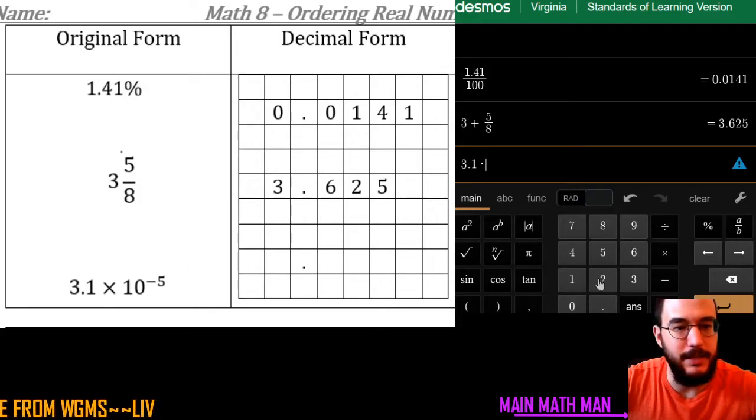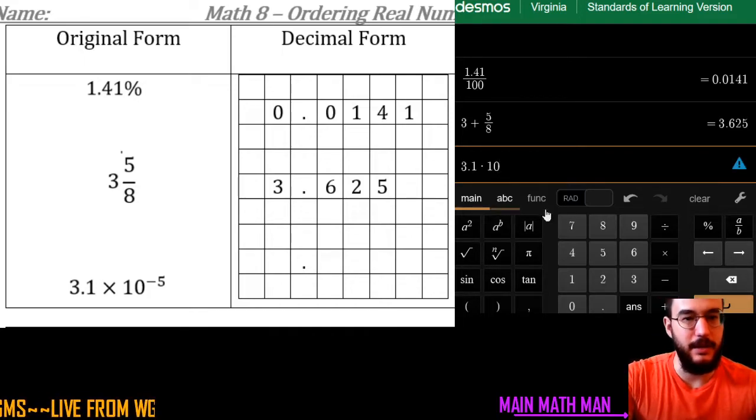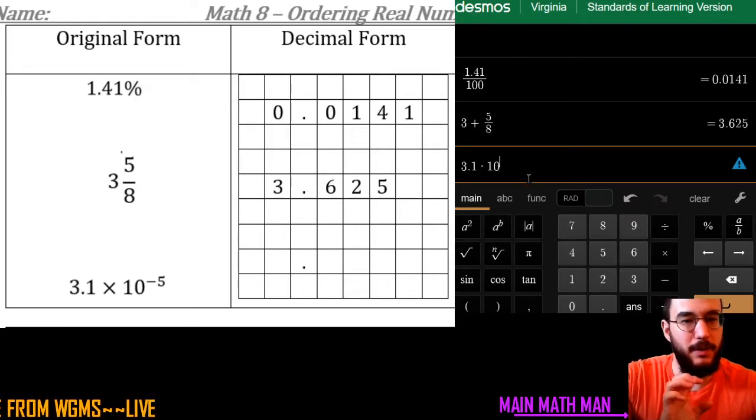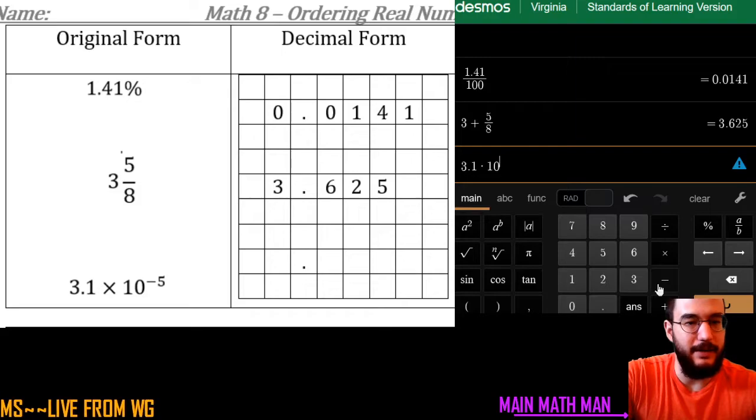I have times, and then 10, and then you want to make sure you have that exponent. So again, you want to hit that A to the B button. That A to the B button lets you do a different exponent. So let me do that again. See, as soon as I click on it, notice how that cursor goes up. So that's going to your exponent or your power. And so I have a -5. So make sure you can see it like that.